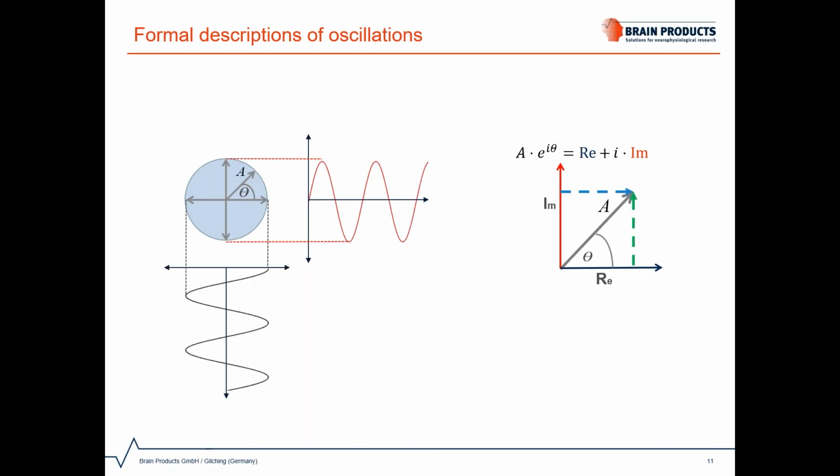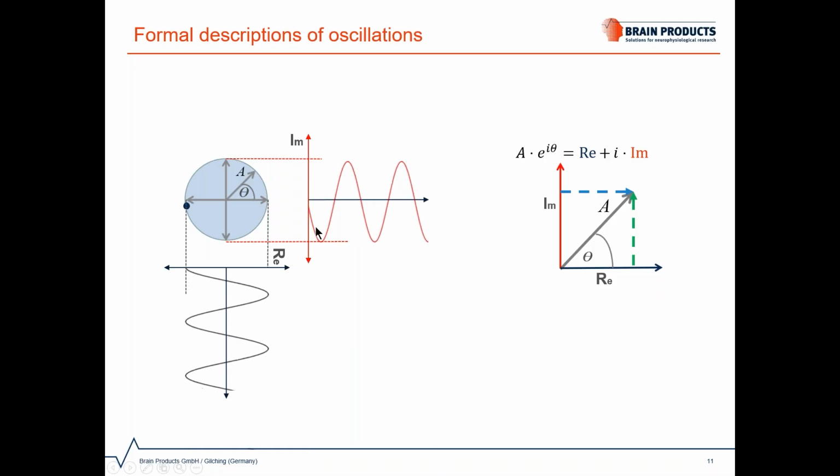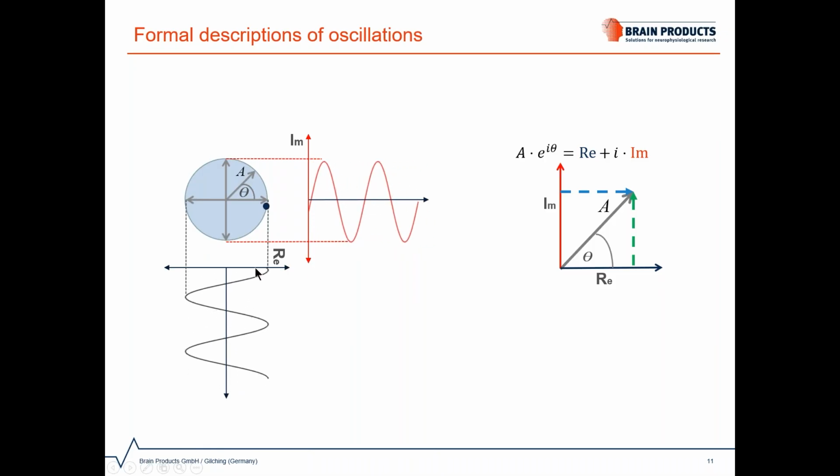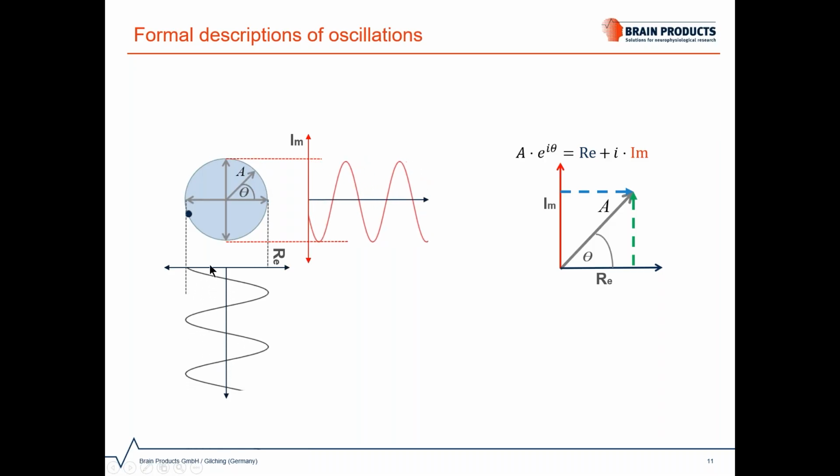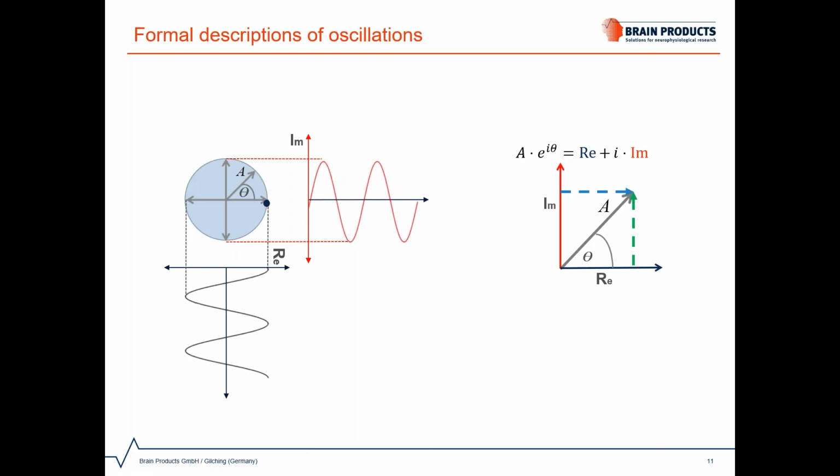Given the circular representation of the oscillation, we can uniquely describe every phase and amplitude by the combination of a sine wave and a cosine. The elevation on the imaginary axis, as described by the sine function, and simultaneously the variations on the real axis, as described by the cosine function, which is a sine function only shifted by 90 degrees, define in combination every point on the circle.